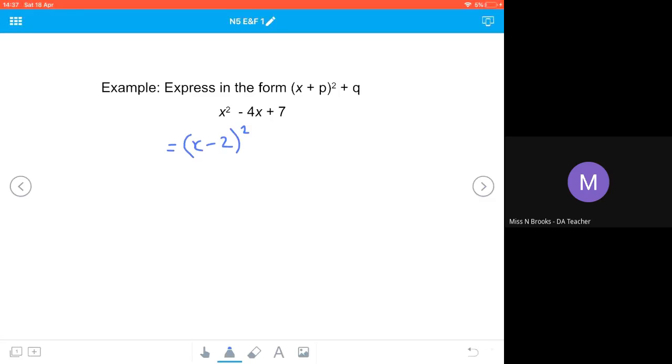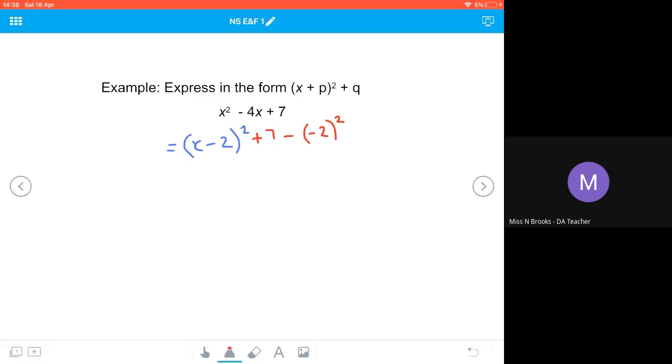And do remember to put the squared on your bracket, otherwise you'll lose the mark for determining your p value. Now we need to work out what q is. So we're going to bring down that plus 7, and we're going to take away the p value, which is negative 2 all squared. Now, don't be tempted to think that negative 2 squared is negative 4, because it's not.